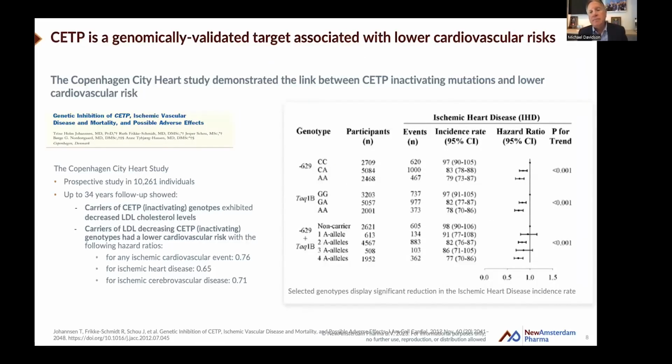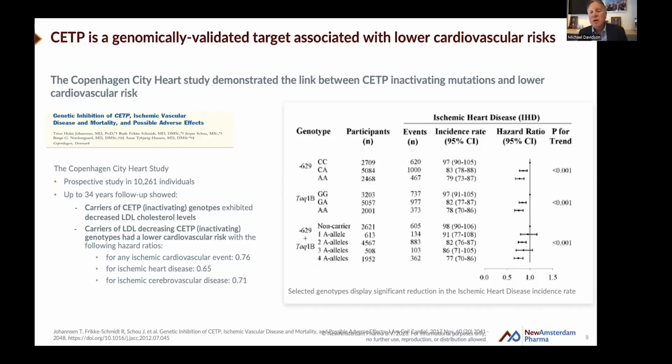And then while that was in progress, the genetics became very supportive of inhibiting CETP, because in the early days of genetic research, they could identify populations that had loss of function CETP, and this affected both HDL and LDL and led to lower cardiovascular risk.